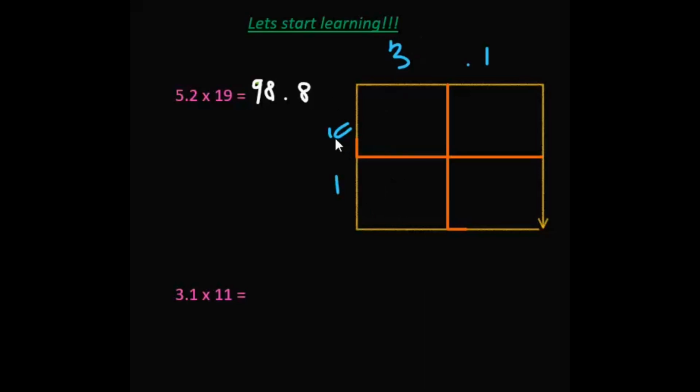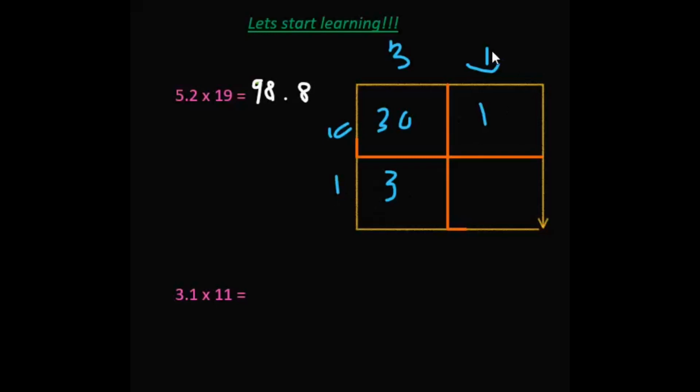I'm going to do this 10 times 3 first, which is 30, and then 1 times 3 is 3, and 10 times 0.1 equals 1, because the decimal point moves by the powers of 10 and it moves 1 that way. So it becomes 1.0, which is 1.